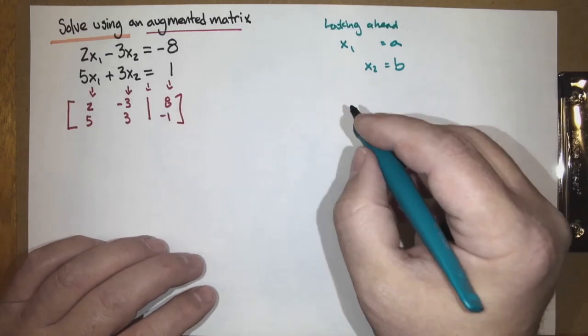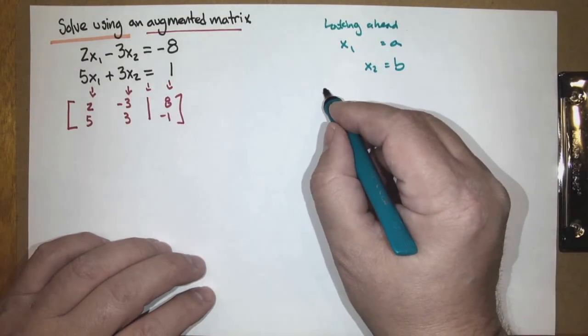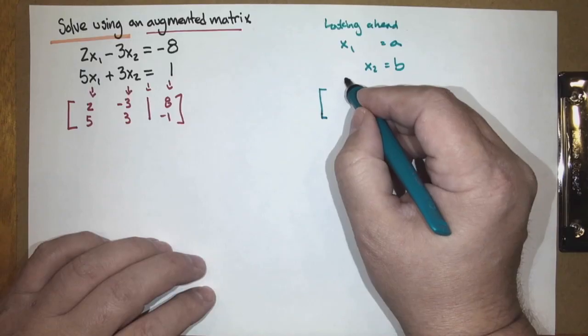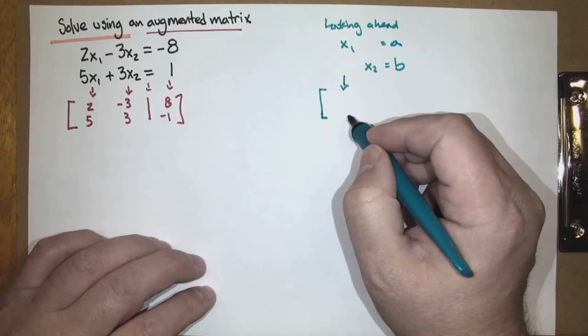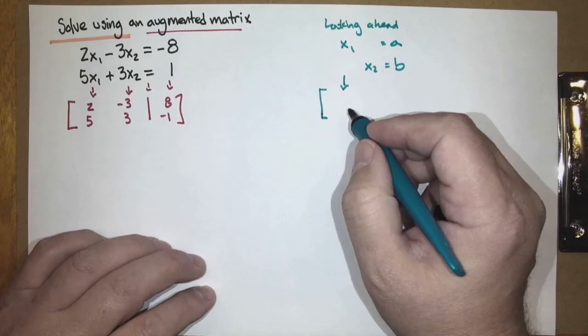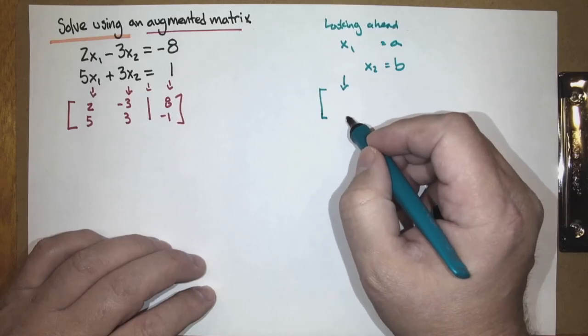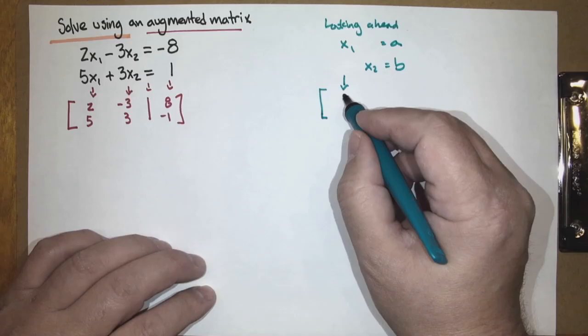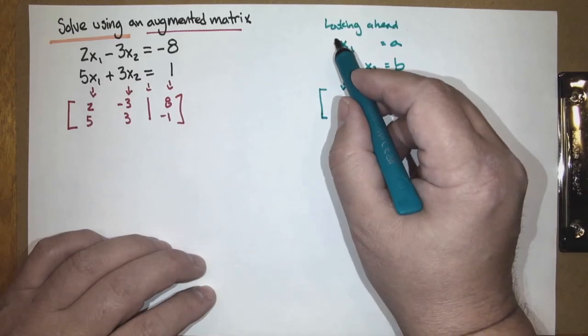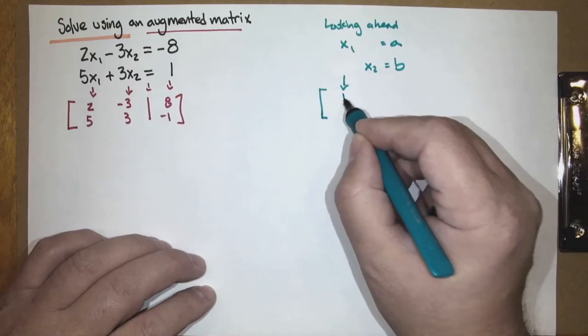So now we say, okay, what does this look like in terms of an augmented matrix? Well, what's the first column? What are the numbers? Well, it's the coefficients. So here, what's in front of the x1 is 1.